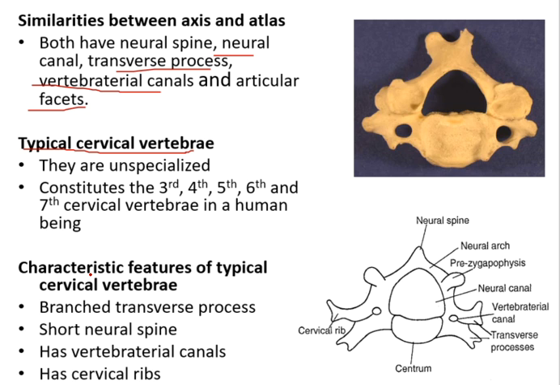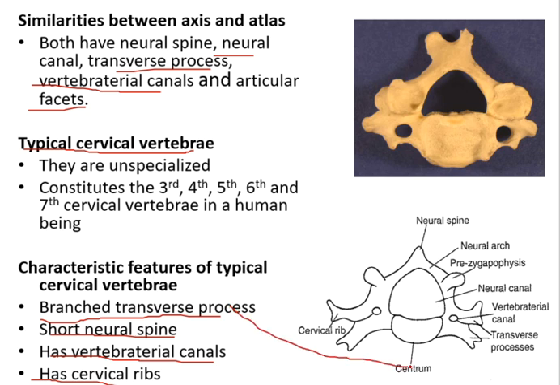Let's look at the characteristics. Number 1, branched transverse processes. Short neurospine, they have vertebral canals, and they have cervical ribs. Let's look at the branched transverse process.